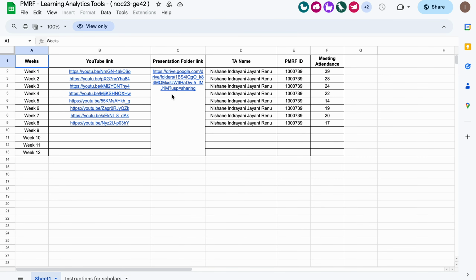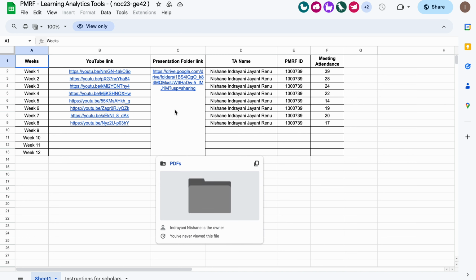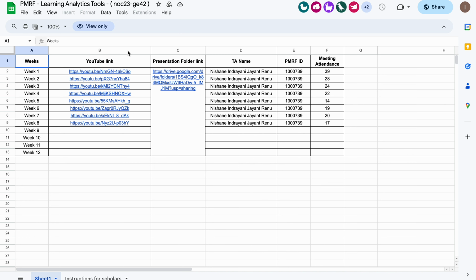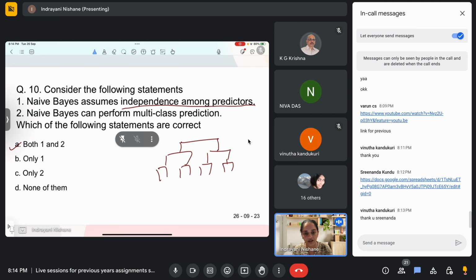This has a presentation folder link. If you go there, you will see all the annotated PDFs which I use for the discussions. That is part of that folder, so you can refer to that also, and there is a column where the recordings uploaded on YouTube are mentioned.